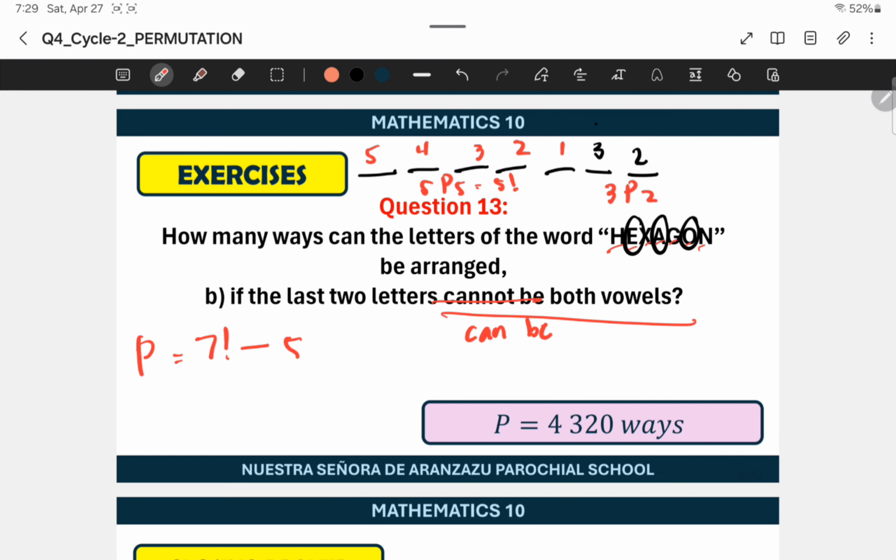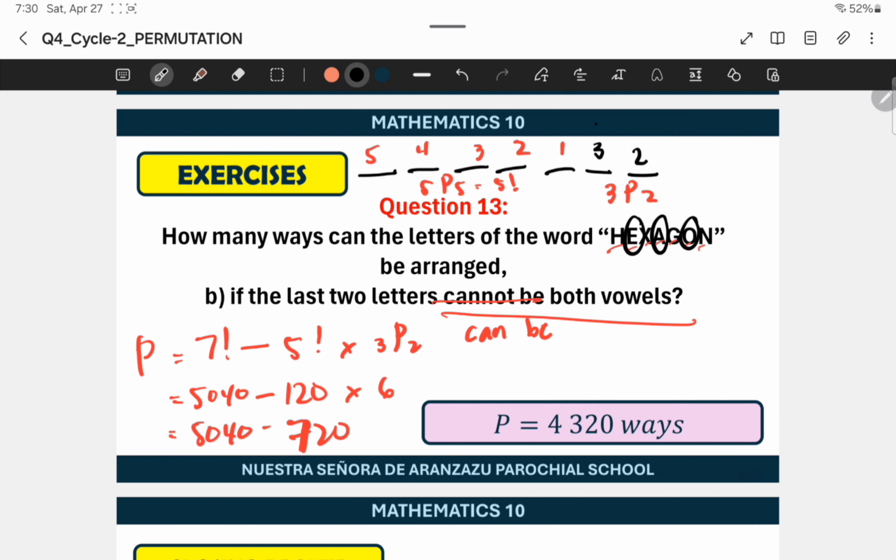So, that is minus 5 factorial times 3P2. Okay? 7 factorial, that is 5,040 minus 5 factorial, 120, times 3P2, that is 6. So, 5,040 minus 720, that is equal to 4,320. Right? So, nakuha ba?